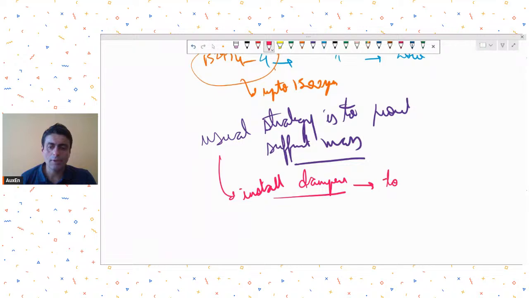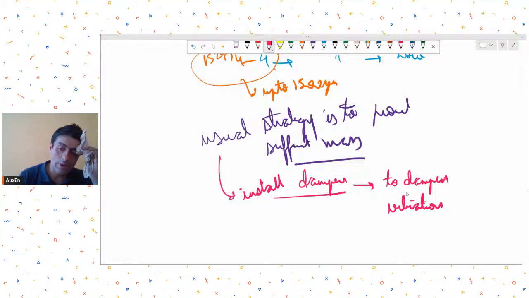So install dampers to dampen your machine vibrations. That I think will be a more suitable strategy, because providing mass to dampen the vibrations may be uneconomical in this case.